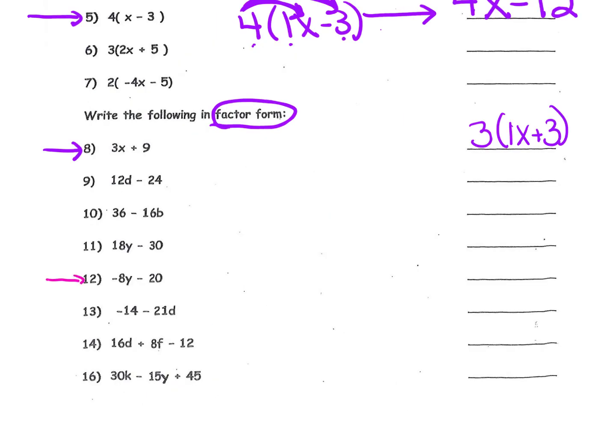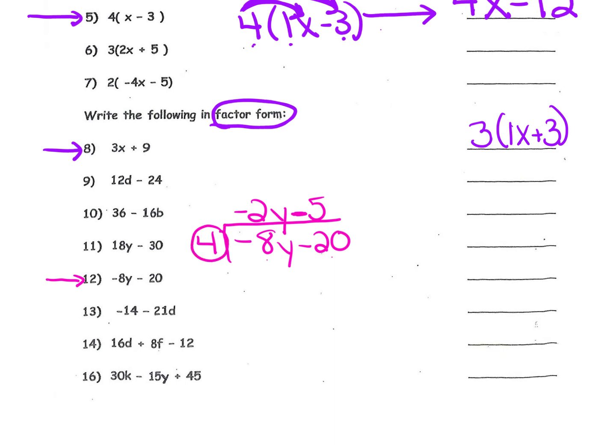In number 12, we're given the expression negative 8y minus 20. Write that in the work area. We need to factor out a common factor. If I look at 8 and 20, I know I can divide a 4 out of each of those. 4 divided into negative 8 gives me negative 2y. 4 into 20 gives me minus 5.